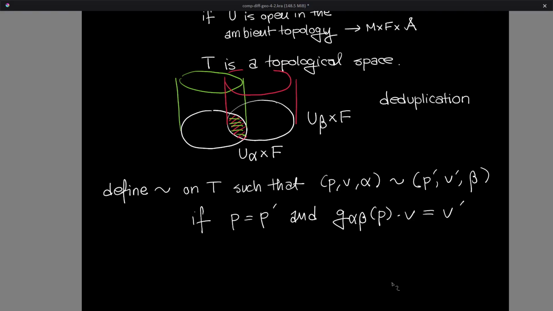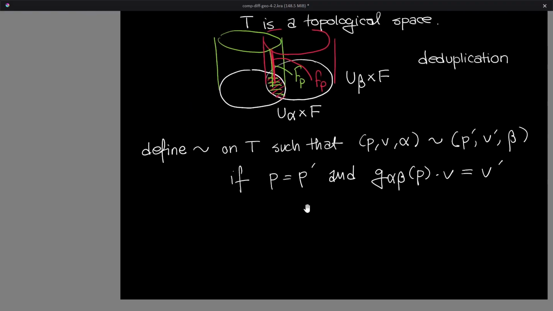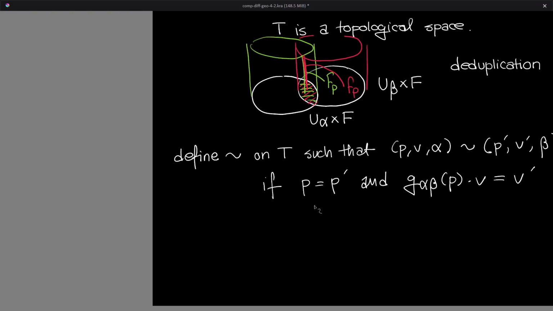So the fibers on the two bundles, so let's say the green version of FP and the red version of FP, don't have to be the same vector space. They just have to be vector spaces that are connected by a linear transformation, and that linear transformation is G alpha beta of P. So we're guaranteed that this G alpha beta exists because that's part of the conditions, right?